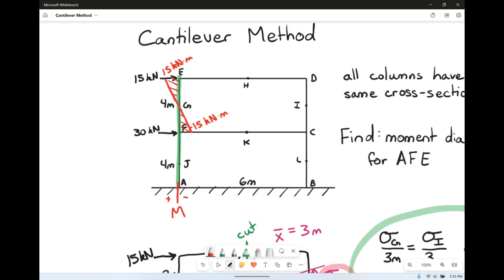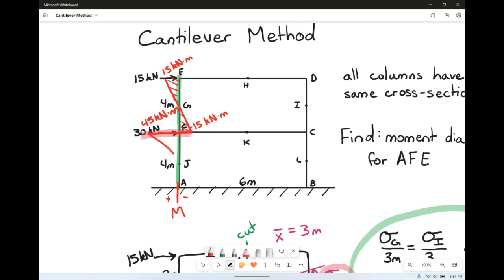And we said that the moment at F was a grand total of 60 kilonewton meters. So that means that the distance from here over is going to be a grand total of 60. So this is technically going to go back up. And 60 minus 15 is going to be 45 kilonewton meters.